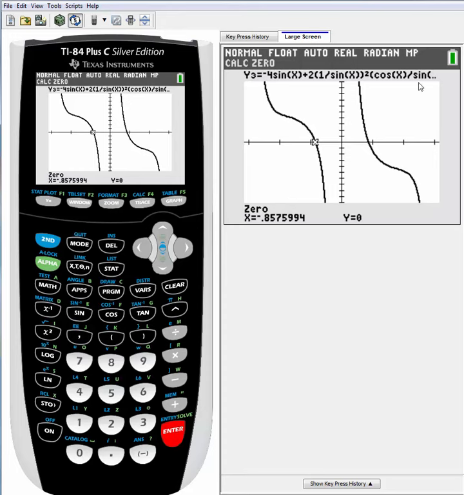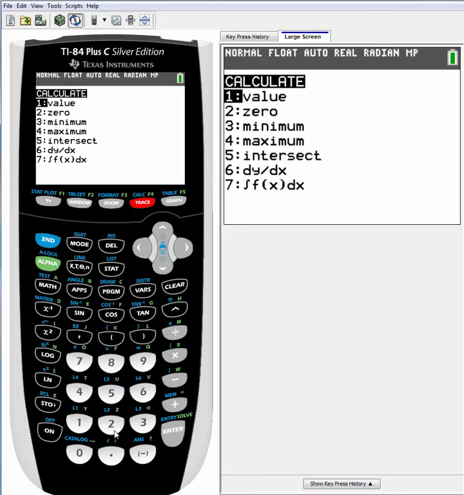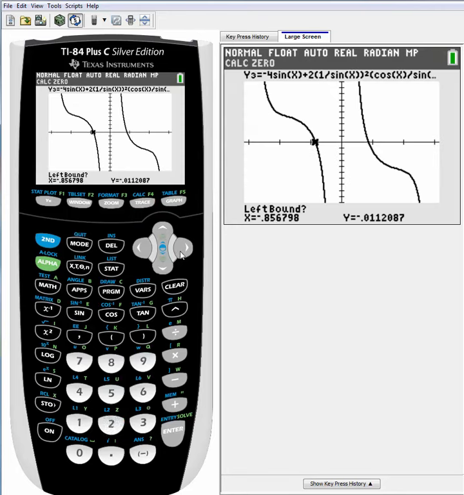So now I'm going to do the right side also. So second, calc, second one is 2. Now we want to move to the right side, so we'll just move to the right until that cursor ends up over there.